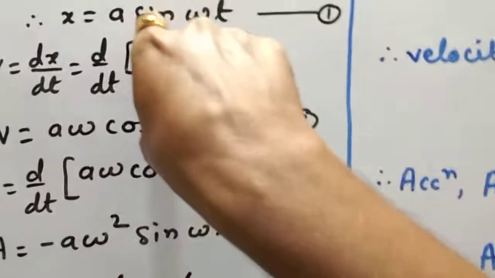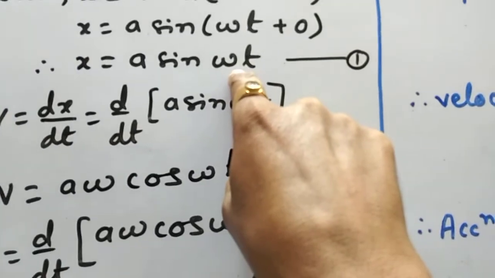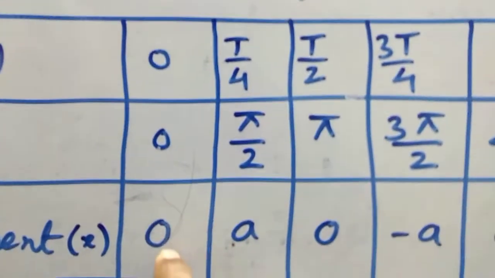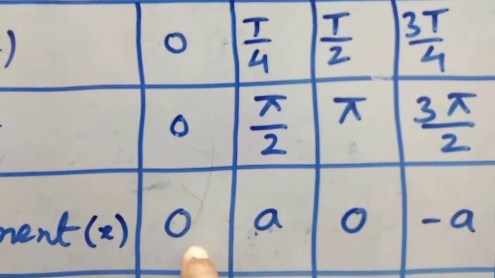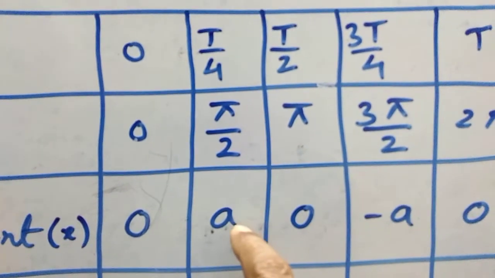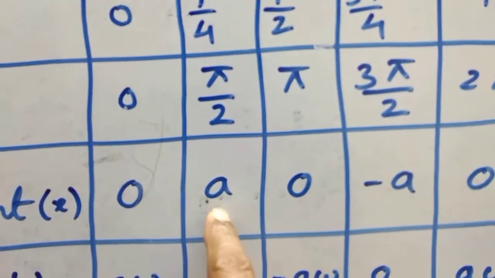So for displacement, we know the value of sine 0 is equal to 0, therefore the whole term is 0, so displacement for angle 0 is 0. For angle pi by 2, sine pi by 2 is 1, so a multiplied by 1 is equal to a.